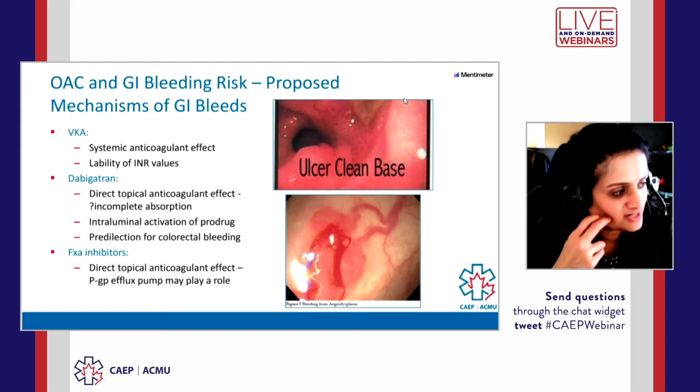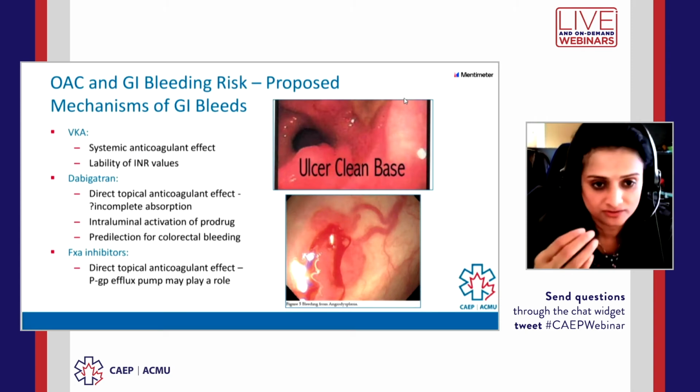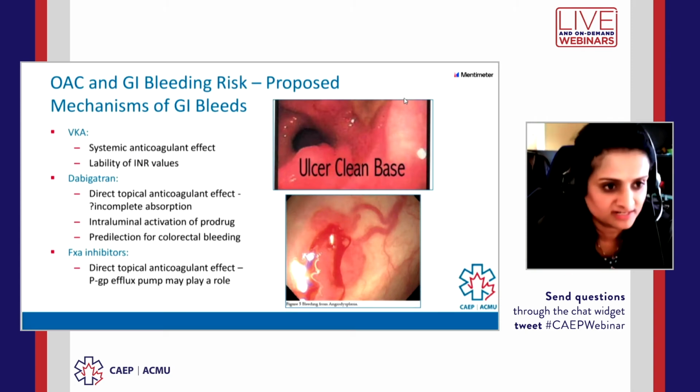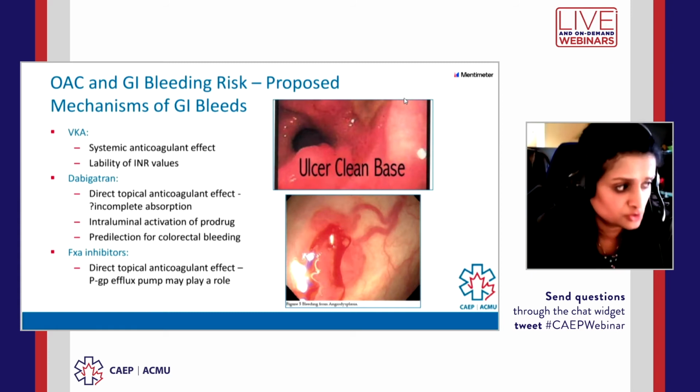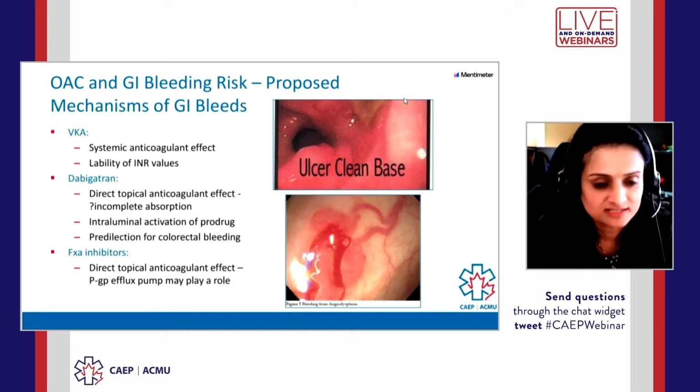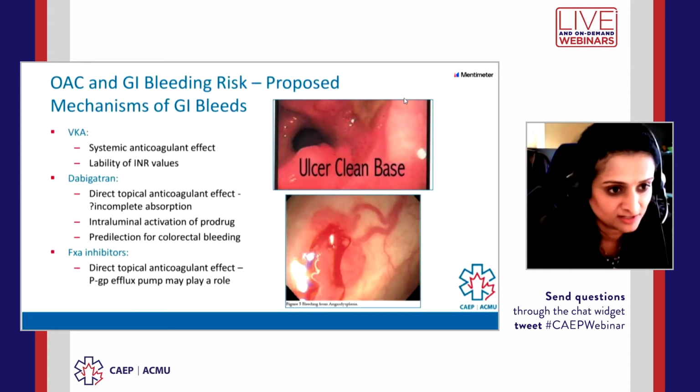That's mainly attributed to their topical anticoagulant effect when you're consuming them orally, whether it is associated with some incomplete absorption or not. And that's been the case, especially with dabigatran. You do know that the side effect always has been dyspepsia, right? So certainly there could be a component of that influencing the direct topical anticoagulant effect. There are a couple of other mechanisms that they've talked about.